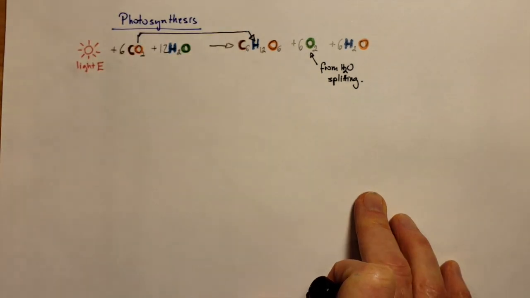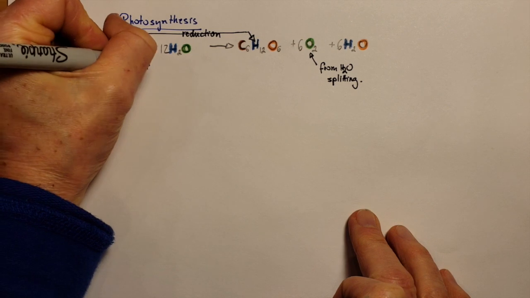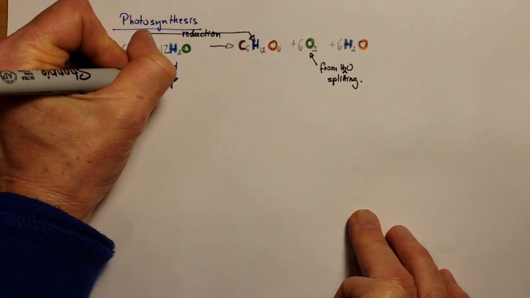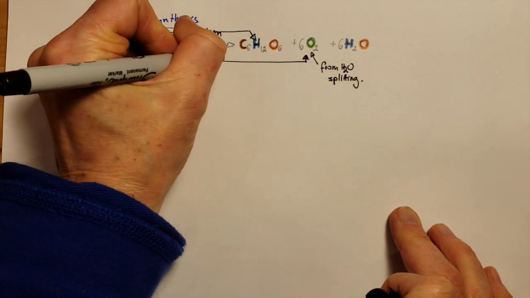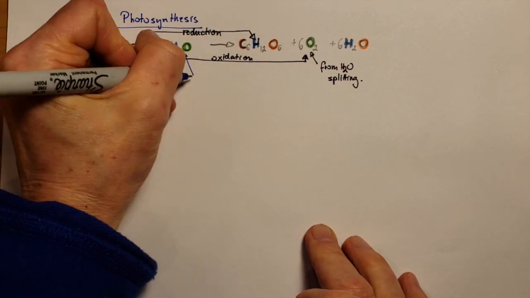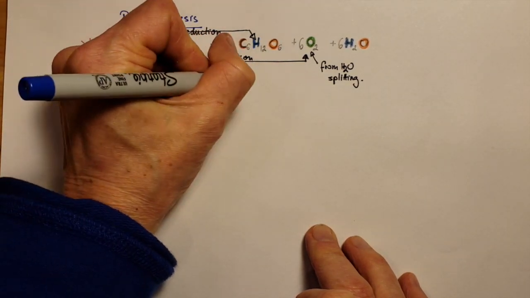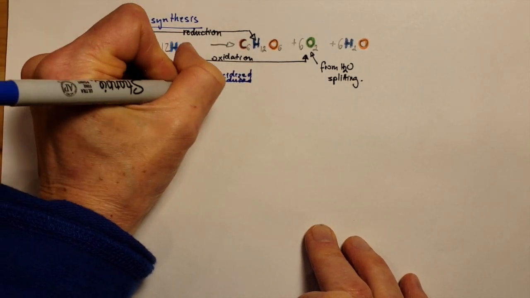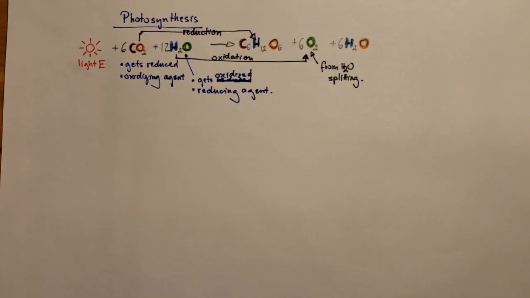The carbon dioxide is going to go through reduction and turn into sugar. It is an oxidizing agent, and the water is going to get oxidized, sorry for the mistake, and it is a reducing agent, going to reduce the carbon dioxide to sugar.